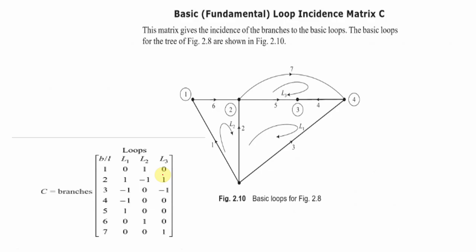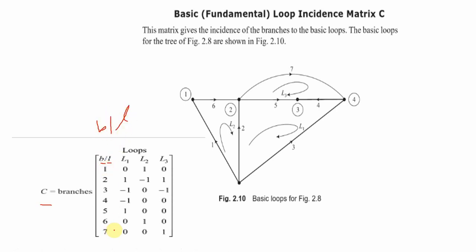Okay, now next one is the basic or fundamental loop incidence matrix. If the diagram is given, then it is very simple to find out the loop incidence matrix. It is represented by C, so C is equal to branches versus loops.